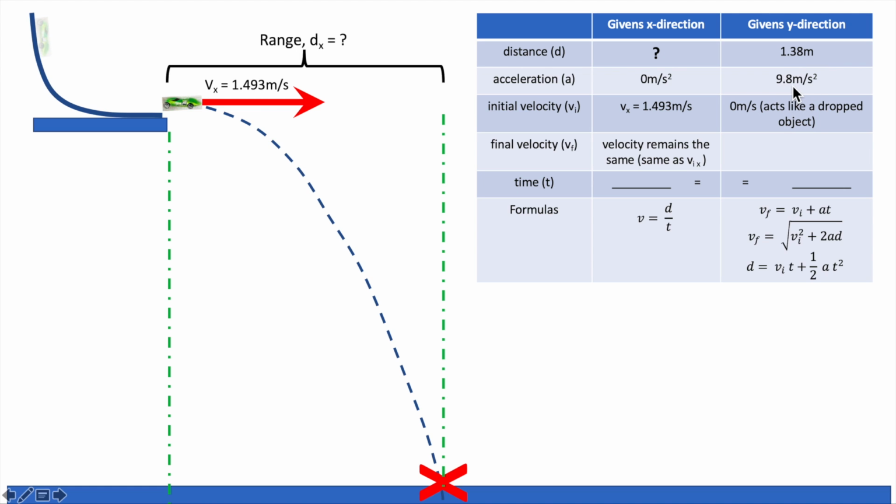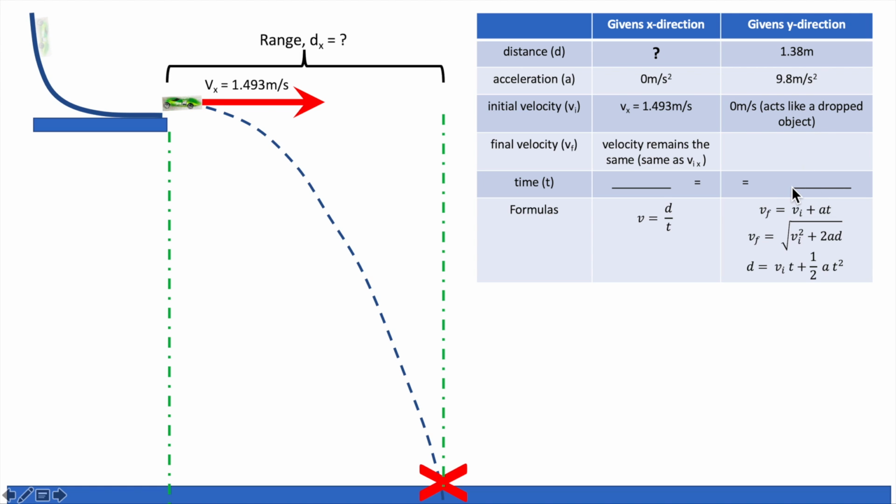All right, so based upon this information, the table is 1.38 meters above the ground. Gravity is still acting at 9.8. Vertically speaking, it's acting as though it's being dropped, so it has no velocity vertically. It'd be no different than me taking a projectile or this car at 1.38 meters and just dropping it straight down. So the first thing you need to find out is how long it will take to hit the ground.